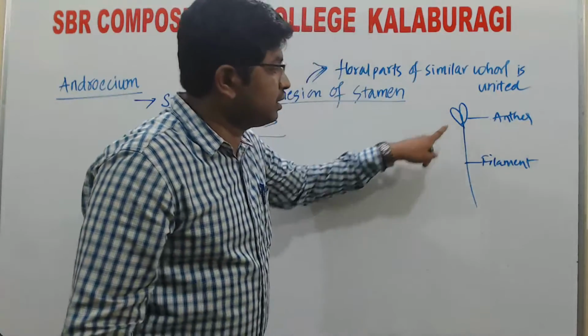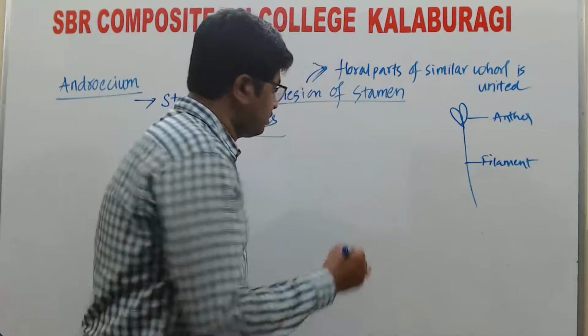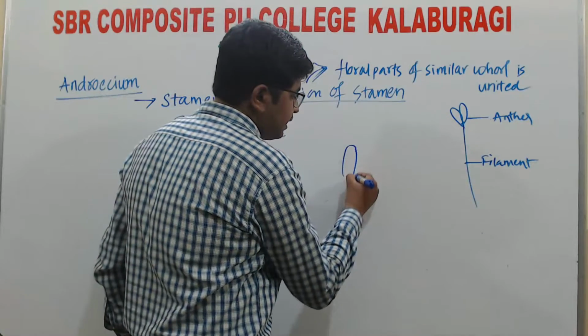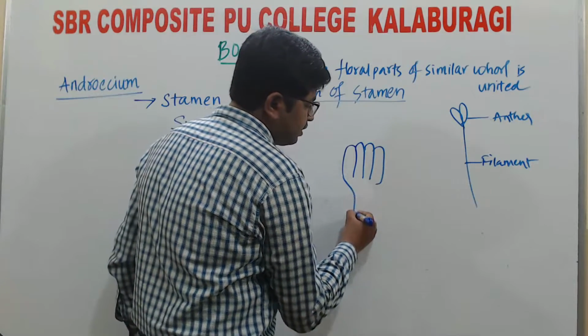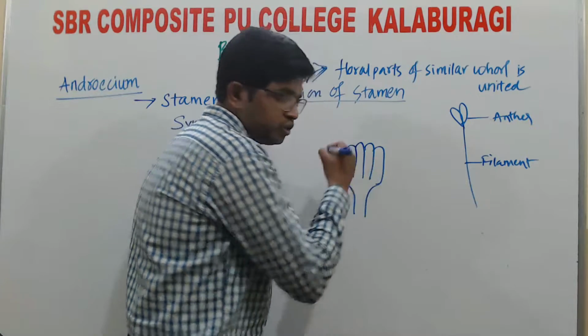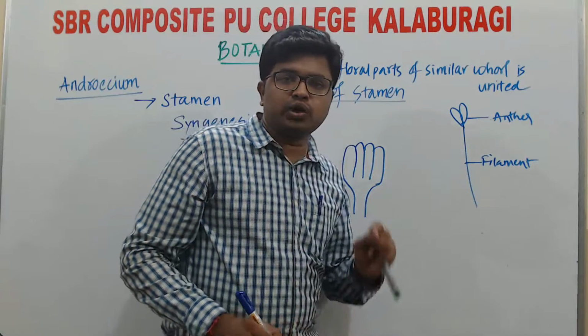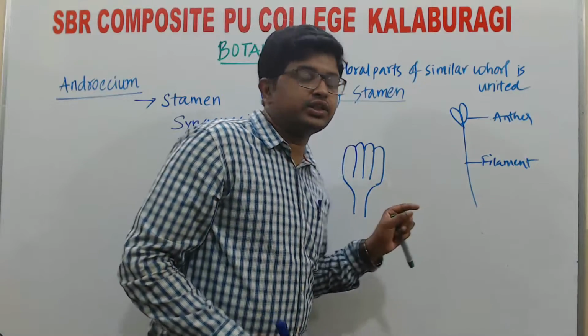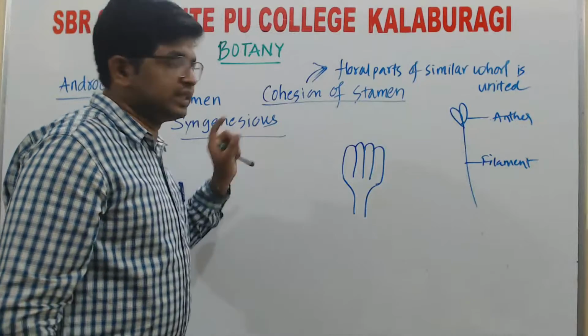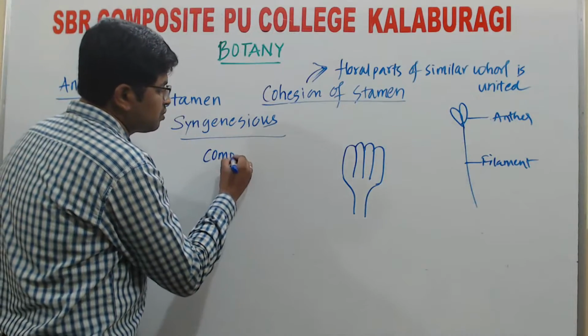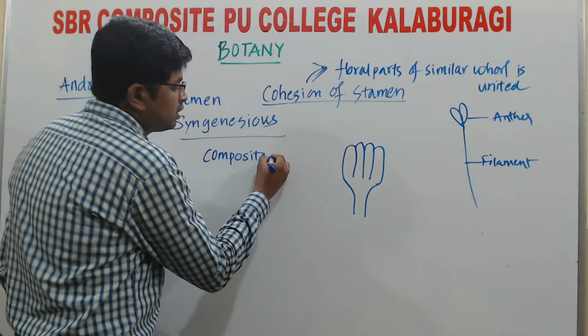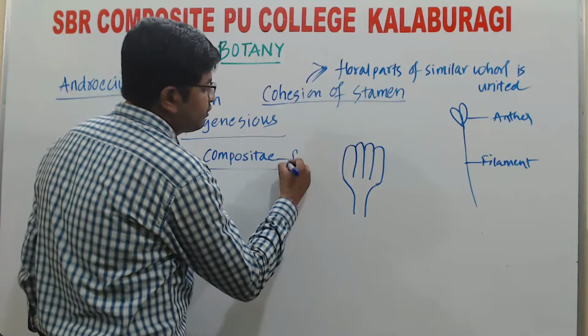Now, when the anthers are clubbed, you will see that multiple anthers are fused, and the filament is only one. Such a condition we call syngenesious. Generally, we observe it in Compositae, the sunflower family.